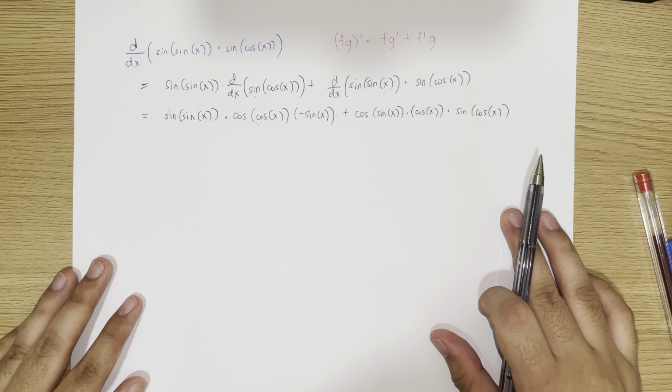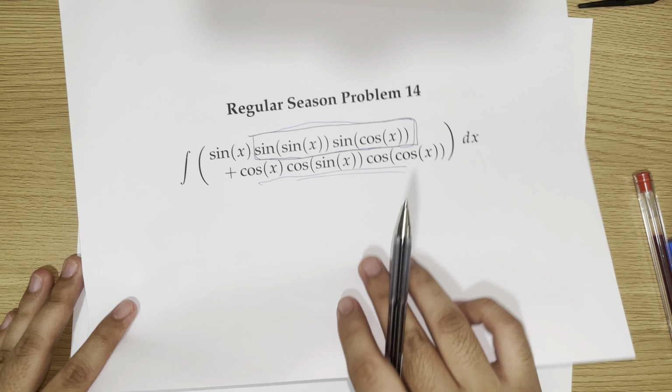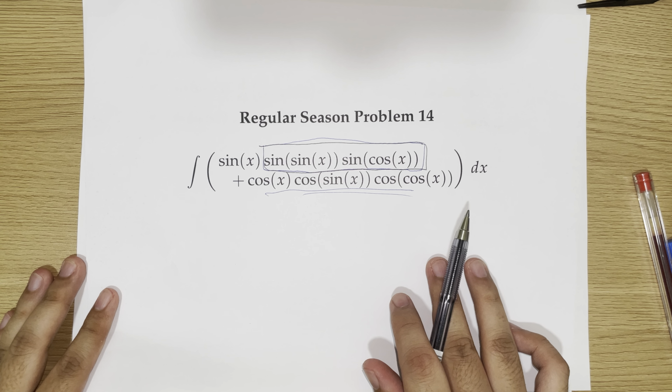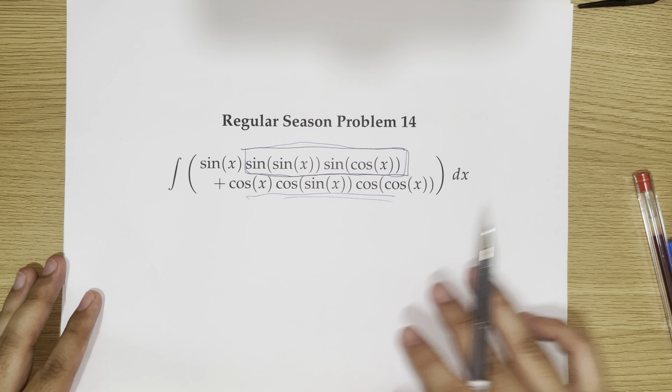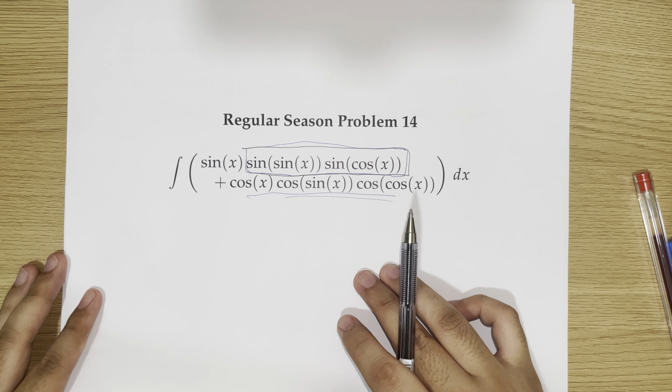So when I tried this the first time, I tried to let u be the second term right here, and eventually I saw that it does not cancel out the other term either, and then I got stuck.